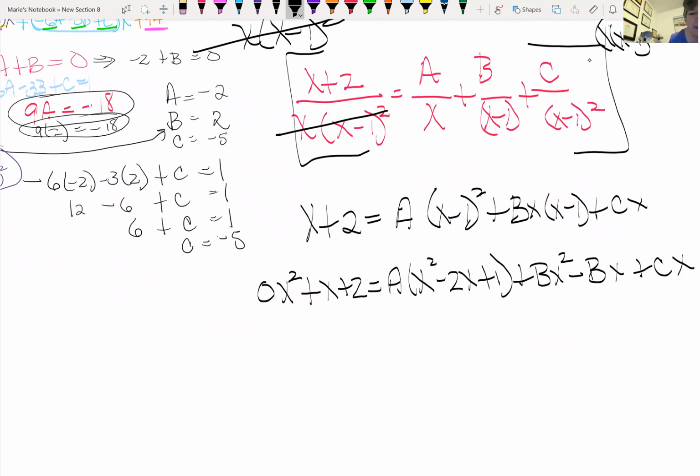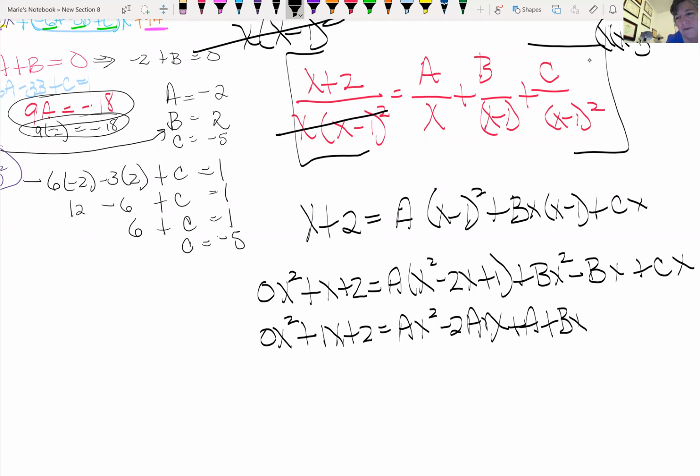So if I distribute the a, I'll have everything I need. This is 0x squared plus technically 1x plus 2 equal to ax squared minus 2ax, and then plus a, plus bx squared minus bx plus cx.